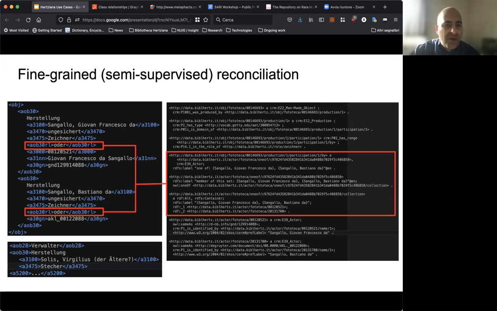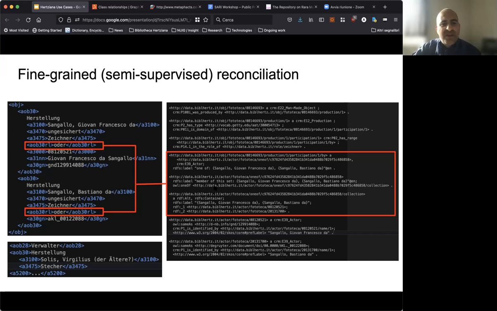So this is, for example, an object that, in the mind of the person who entered it, might have been created by either Giovan Francesco da Sangallo or Bastiano da Sangallo. So it's an either-or relationship expressed in a rather non-standard way. You won't even find it in the MIDAS specification. It's a positional way to say the other.